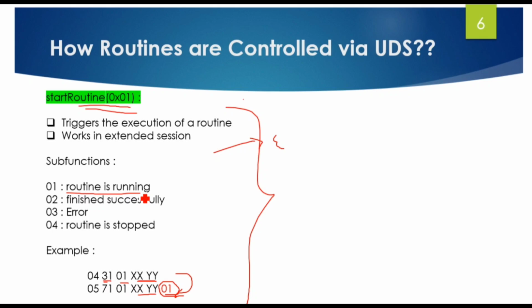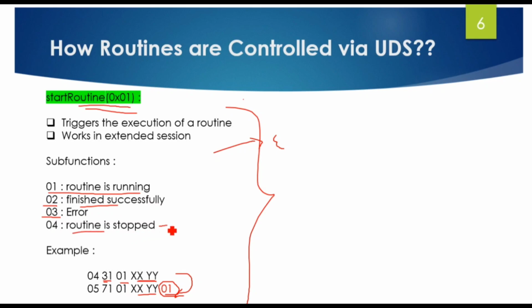Okay, if you get 02, it means the routine has successfully finished. In that case, you will have to give a request routine result, and that is 03. And similarly, the subfunction for error is 04, routine is stopped.